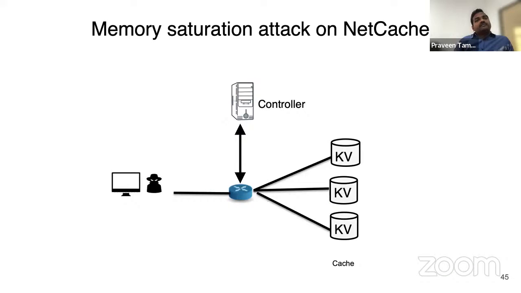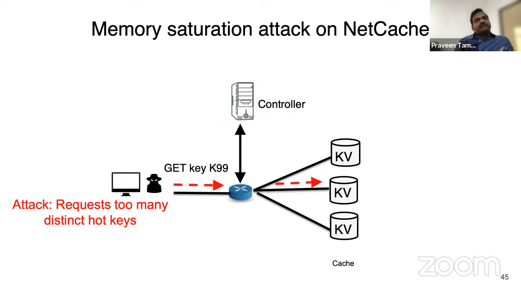But here is one memory saturation attack on the NetCache system, where the attacker could generate too many requests, too many distinct hot keys. In other words, keys that exceed that particular threshold.